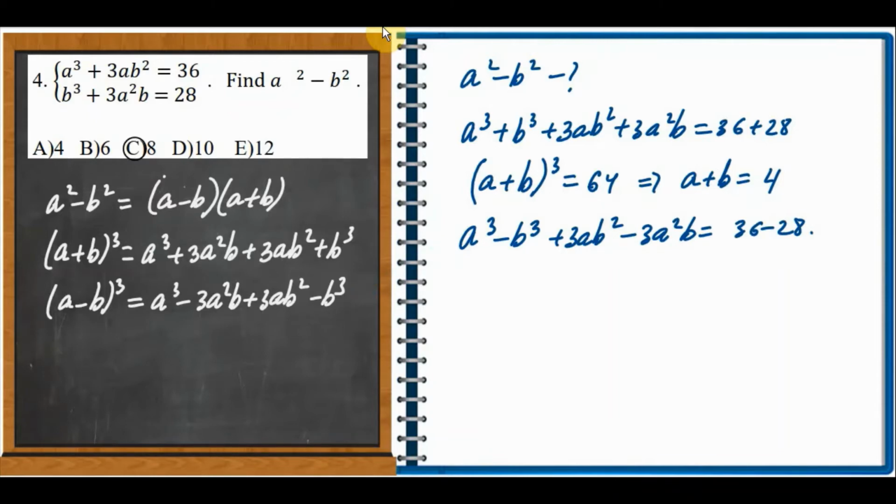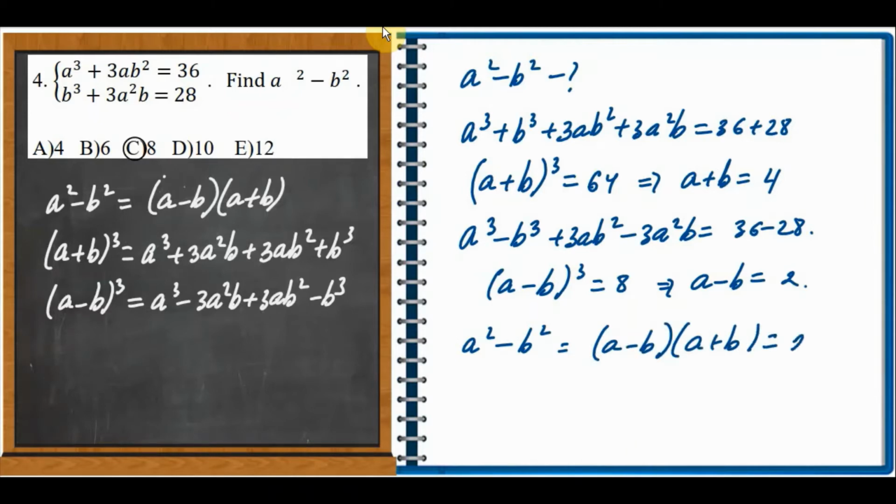Instead of this entire expression, we can write a minus b cubed is equal to 36 minus 28, which is just 8. We know that 8 is 2 cubed. Therefore, a minus b will be 2. Now, since we know a plus b and a minus b, we can apply a squared minus b squared here. It's a minus b times a plus b.